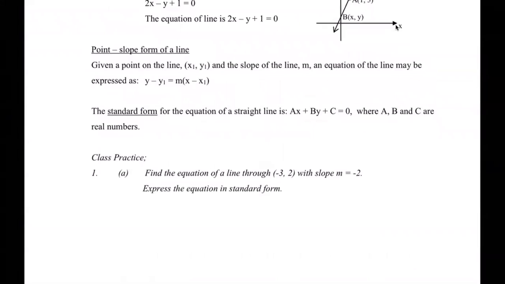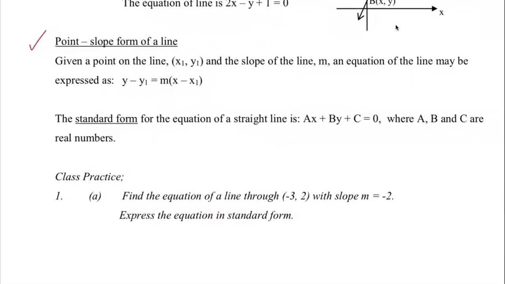So let's start from here, because apparently this is where a lot of people started getting confused in this class. So point slope form of a line: given a point on the line (x1, y1), this point is given, and the slope of the line m, the equation of the line may be expressed as y - y1 = m(x - x1).